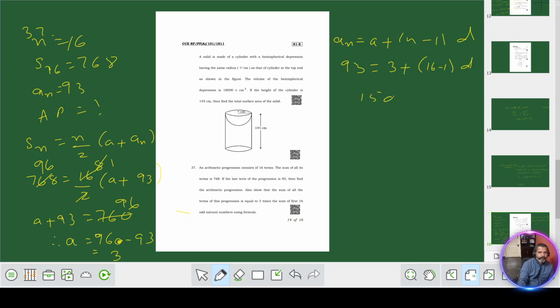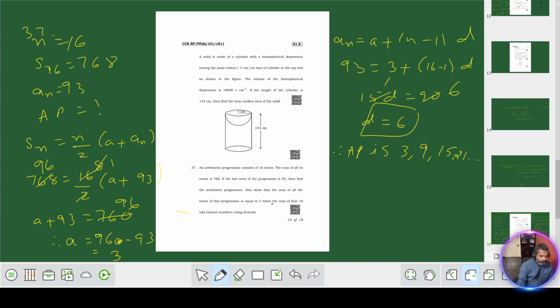Therefore, 15d is equal to 90, therefore d is equal to 6. Since we know a and d, we can write the AP. Therefore, AP is 3, a plus d, 9, a plus d, 15, 21 and so on. Okay, this is the AP.